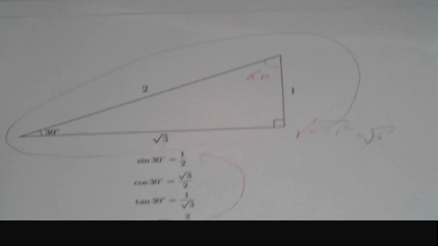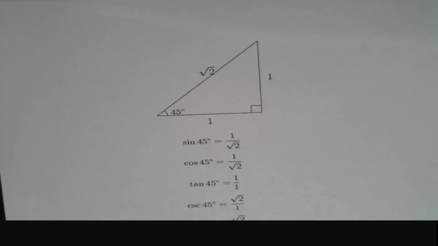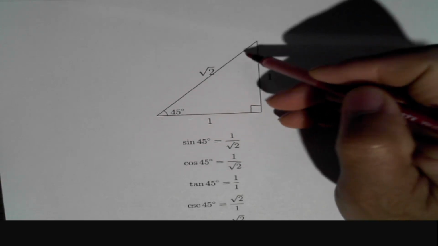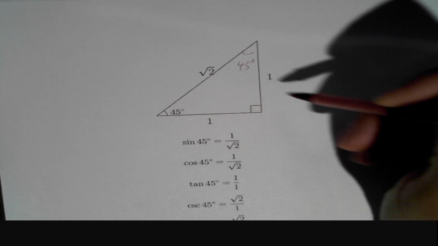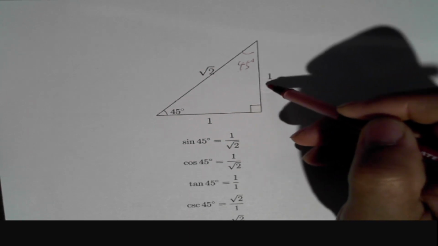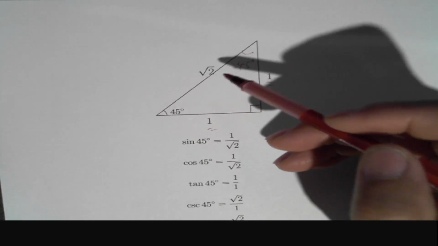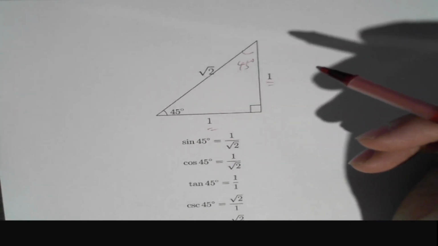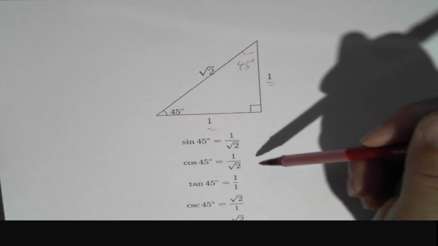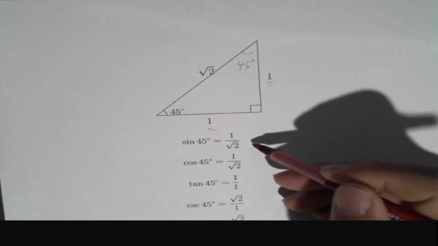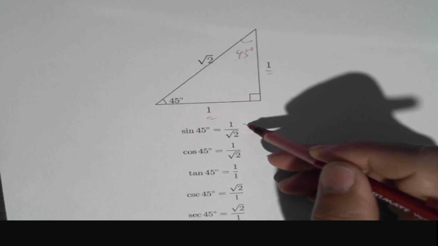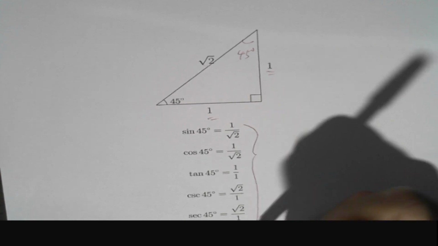Okay. And another triangle we have to remember is the 45 degree right triangle. If one angle is 45 degree, then the other angle must be 45 degree too. Then these two sides must be ratio-wise 1 and 1. Then using the Pythagorean theorem, the hypotenuse comes out root 2. I don't want to spend the time, so you can derive all those values here.